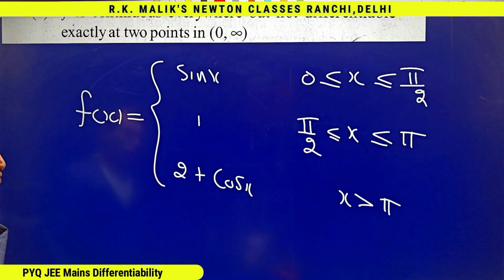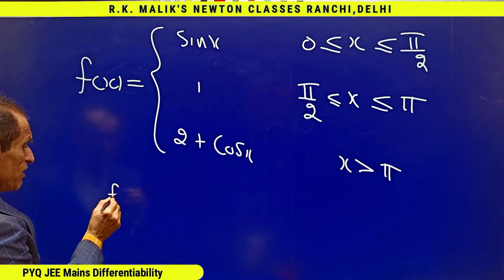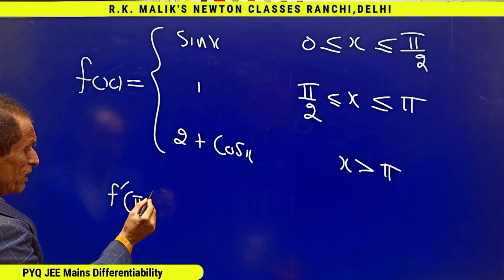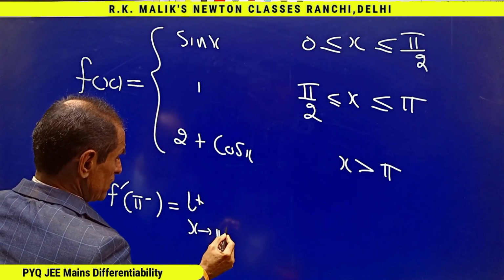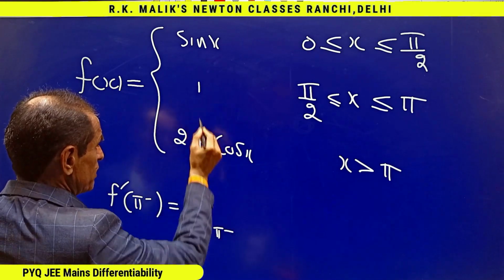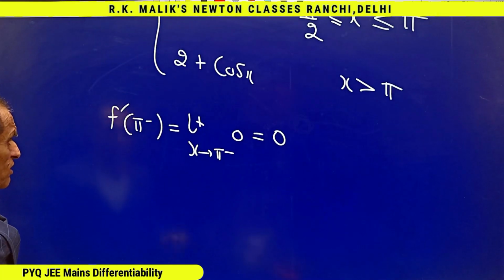And now to discuss the differentiability at pi, that is f dash of pi minus, that is the limit as x tends to pi minus, the derivative of this is 0, hence the answer is 0.